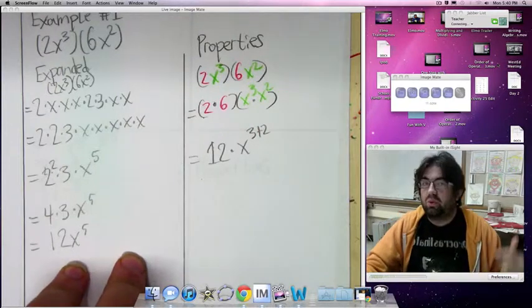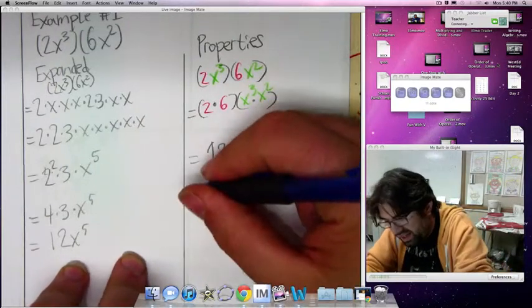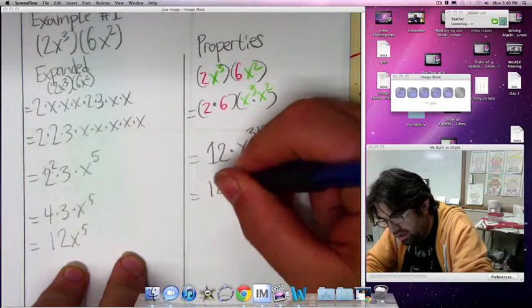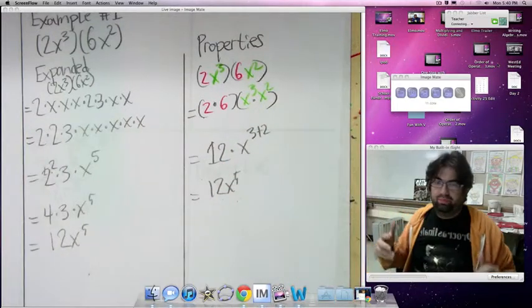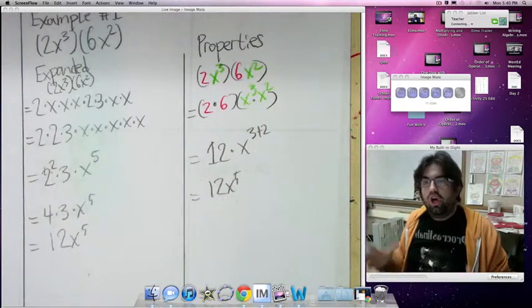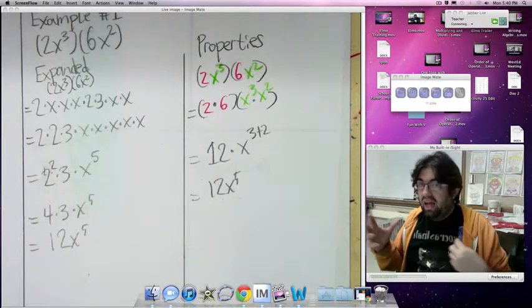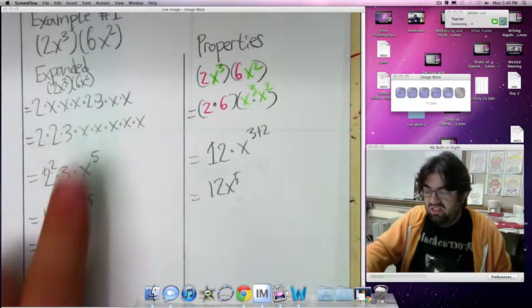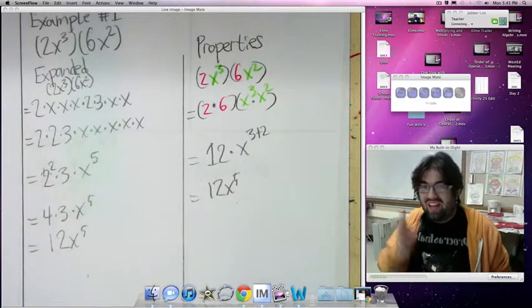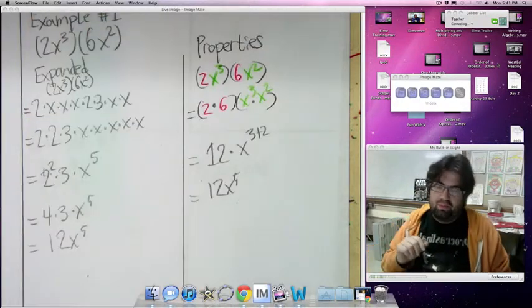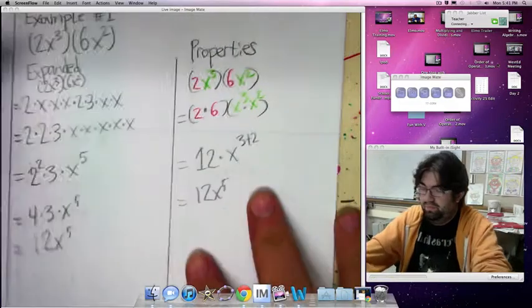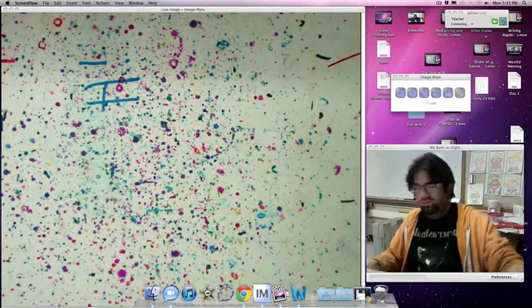We're adding the exponents together, which equals 12x to the 5th power. Good. So that's expanded, and this is with properties, and I am going to ask you to do both in class, because this one's really good to do, and sometimes it's actually easier than worrying about the properties. It just depends.